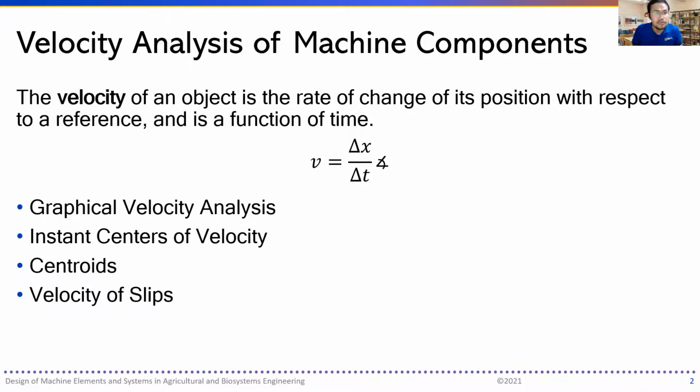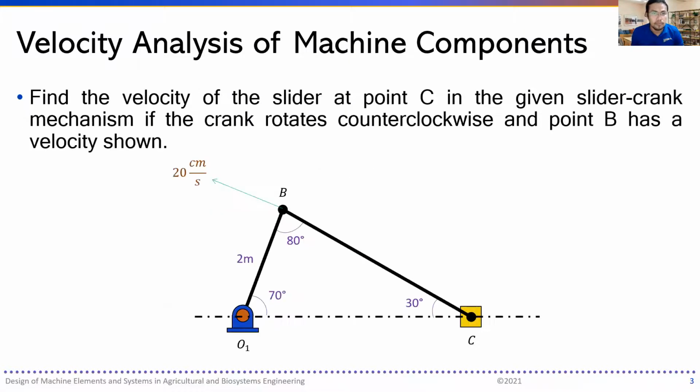The solution of velocity analysis is based on dynamics. It actually involves analytical methods, but that should have been a given before this course on machine design. So we proceed immediately with the graphical velocity analysis, and this would be no better than an example.